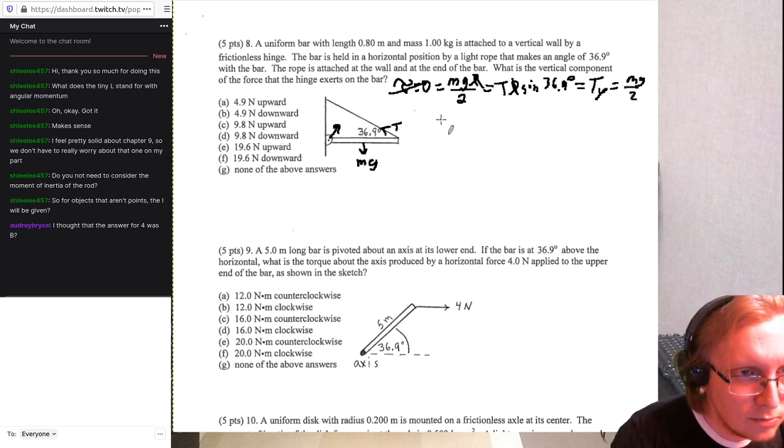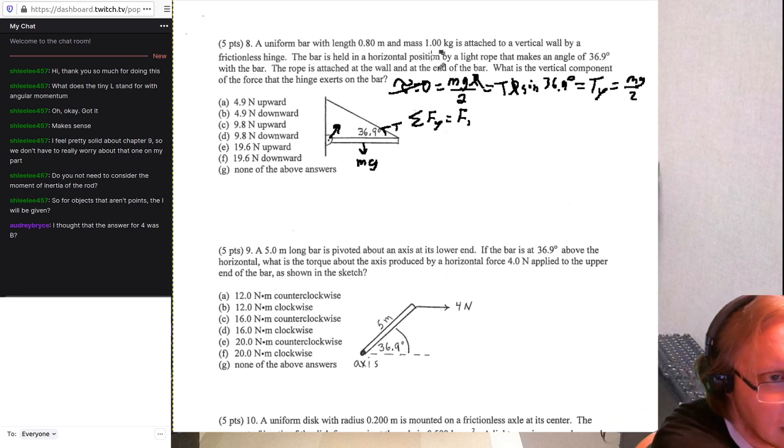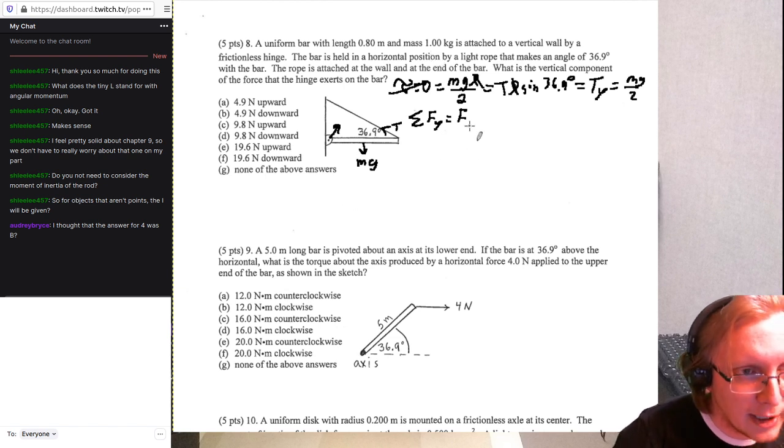So now I'm going to sum my forces in the y direction. Force of the hinge in the y direction plus the tension in the y direction minus my force of gravity, and this is all equal to 0.